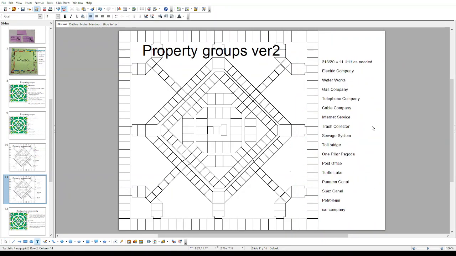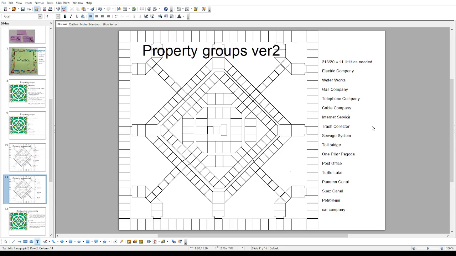Now, electric company and waterworks. Those are pretty classic ideas. Gas, again, classic, common one. Telephone company. Yeah, sure, why not? Cable, internet. In modern times, telephone, cable, and internet, you probably aren't going to have three separate distinct bills for those, but they're different services, and depending on location, they may or may not be billed to you by the same people.